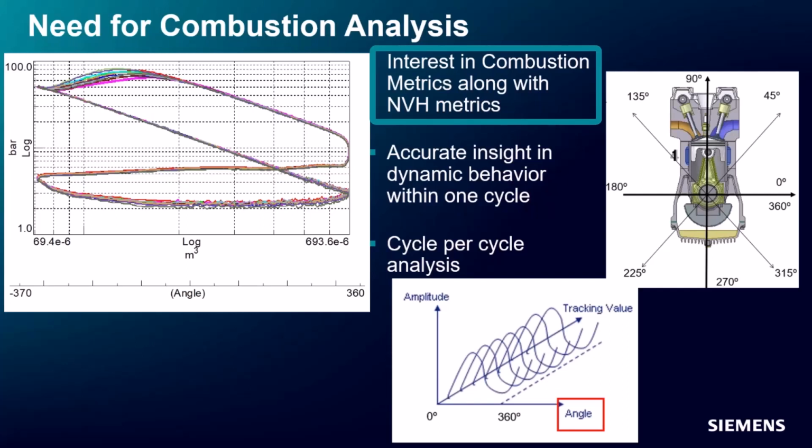For example, from the data, you may do some overall levels or RMS levels from the microphone and the accelerometer data. So if the interest is in doing the combustion metrics calculation simultaneously with this typical NVH metrics calculation, then you can use this module of Testlab called Simcenter Testlab combustion analysis.